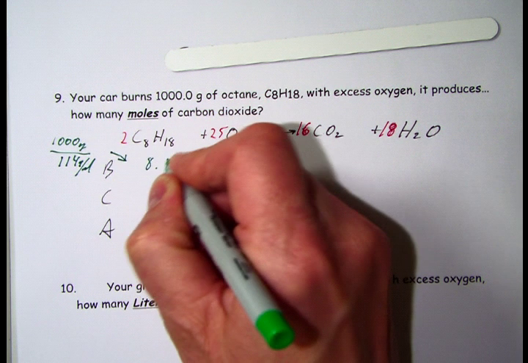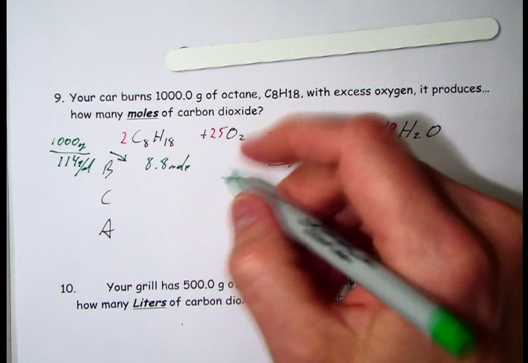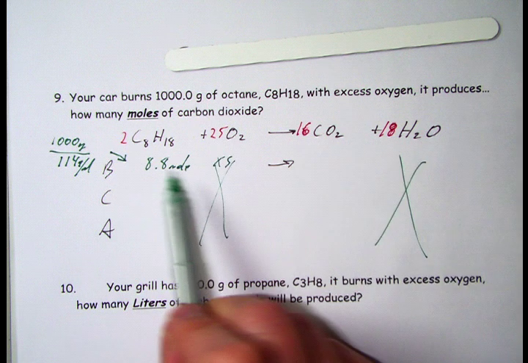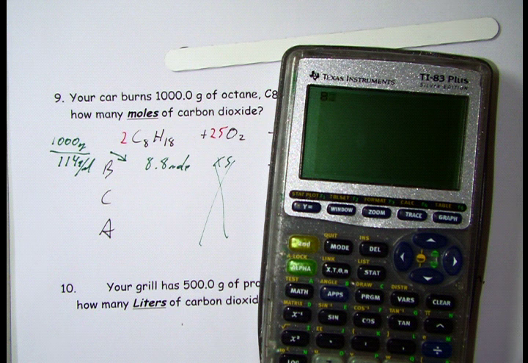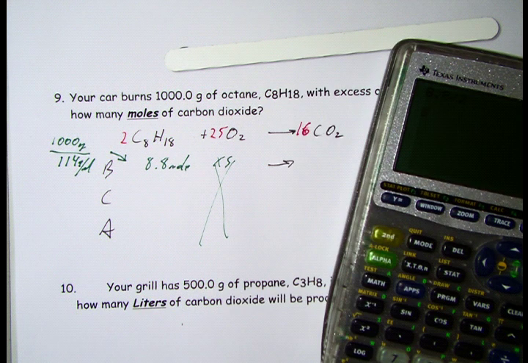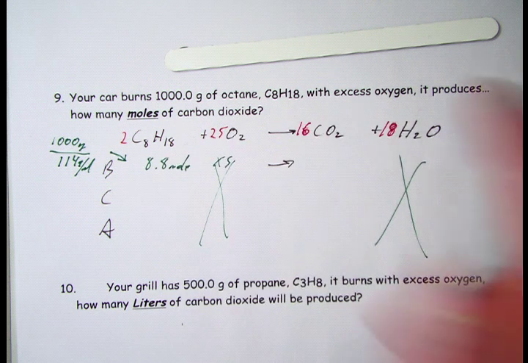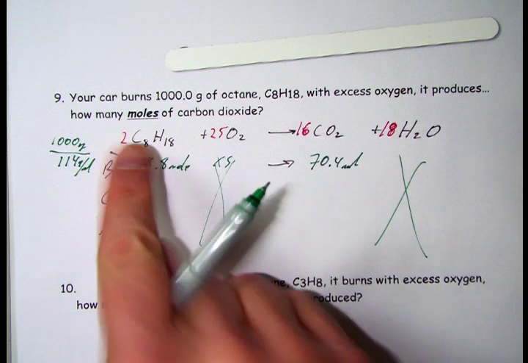That means I have 8.8 moles of octane. It says I have excess oxygen. I don't really care about water or oxygen though. It's a 2 to 16 ratio, so I will take my 8.8 moles, divide by 2, multiply by 16. It says I should produce 70.4 moles of CO2. And that's the answer.